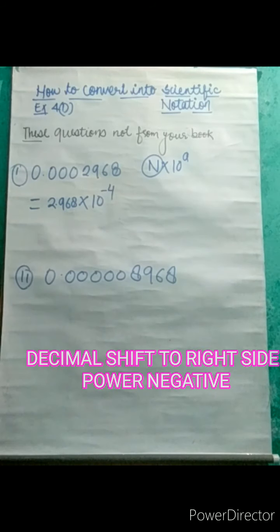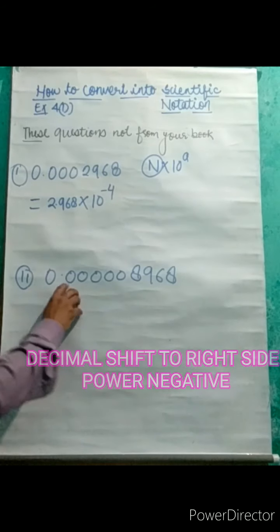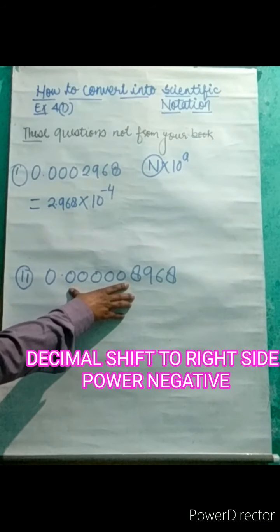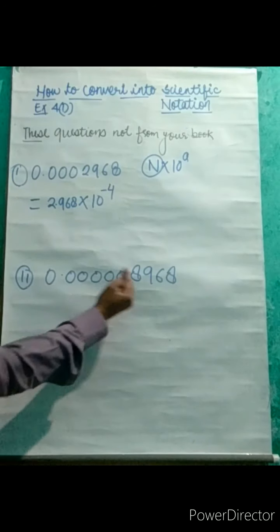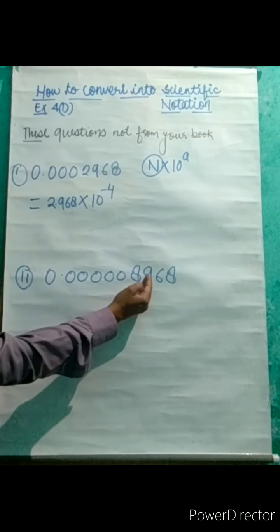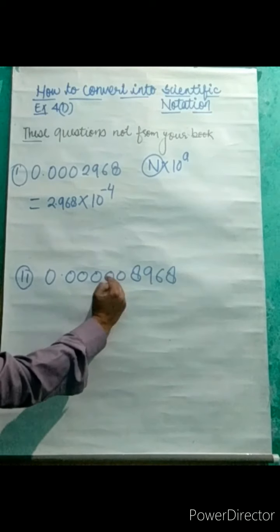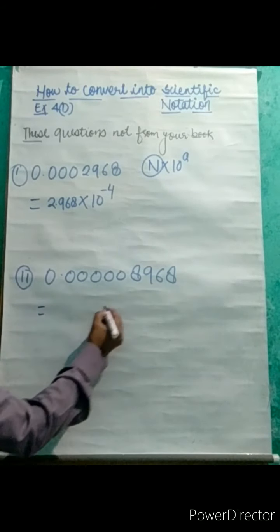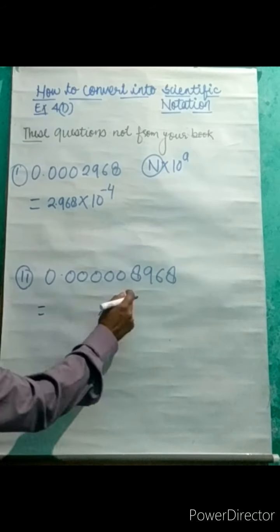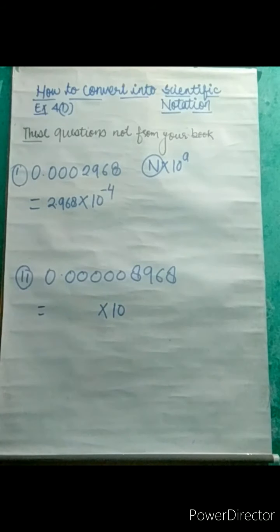Next you can see this one. Here also these all are zeros. The first non-zero number is this one, so we will shift the point after this number, so that to the left side of the decimal only one non-zero number will be present. Now see, we will change it. 10 raised to power comes after shifting the point.